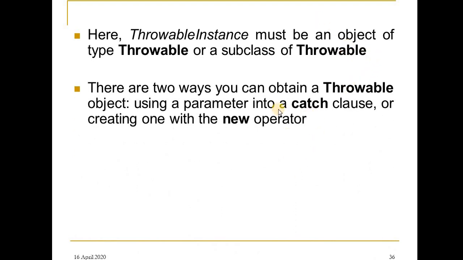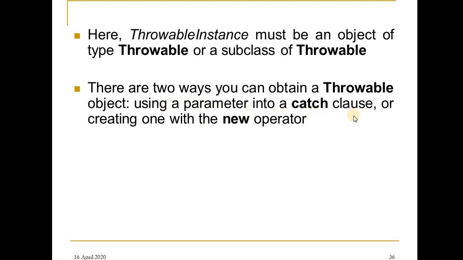There are two ways you can obtain a throwable object: using a parameter into a catch clause or creating one with the new operator. So there are two ways in which you can obtain the throwable object or the exception object. We have already seen the first way, that is using a parameter into a catch clause.